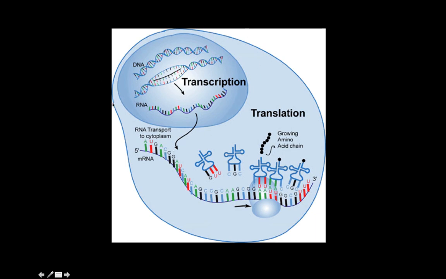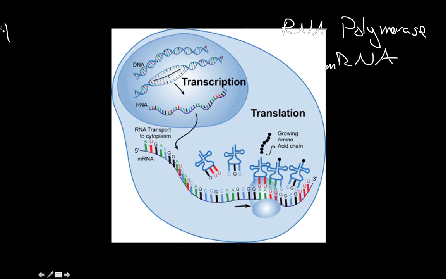Here's the whole big picture of protein synthesis. We have our double-stranded DNA that's in the form of a double helix. Once we receive a signal to express a gene, RNA polymerase will break the hydrogen bonds and bring in free-floating nucleotides to make an mRNA strand.